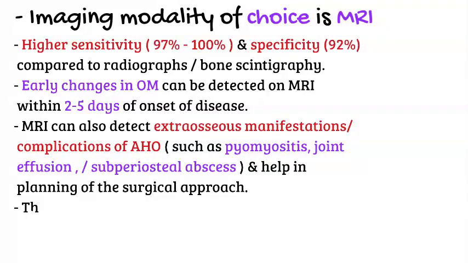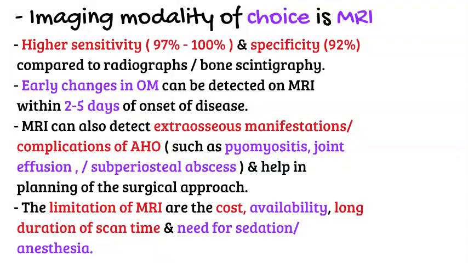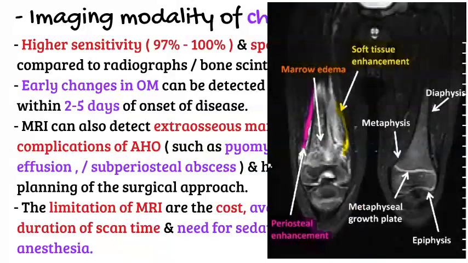MRI can also detect extraosseous manifestation or complication of acute hematogenous osteomyelitis such as myositis, joint effusion, or subperiosteal abscess, and help in the planning of the surgical approach. The limitations of MRI are the cost, the availability, the long duration of scan time, and need for sedation or anesthesia, especially in children.